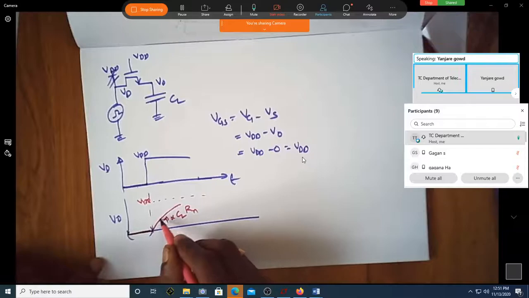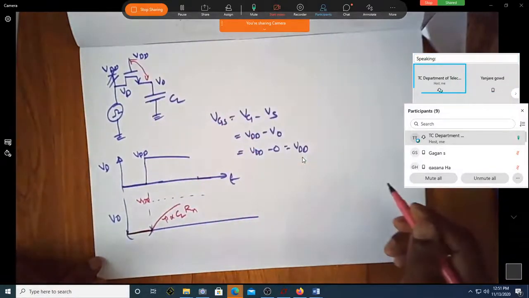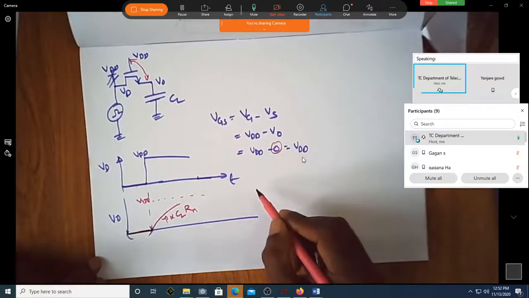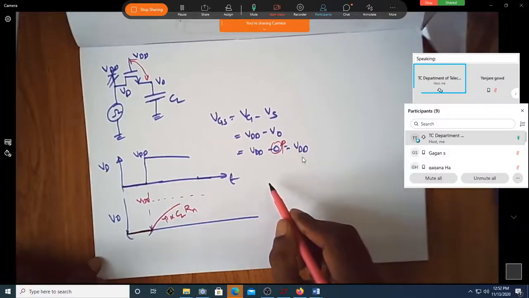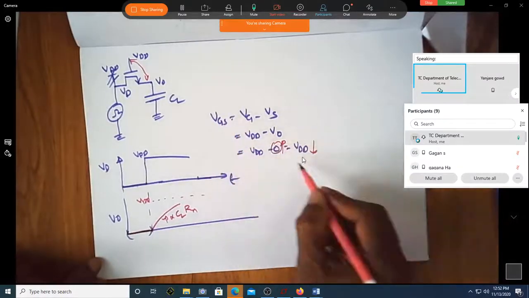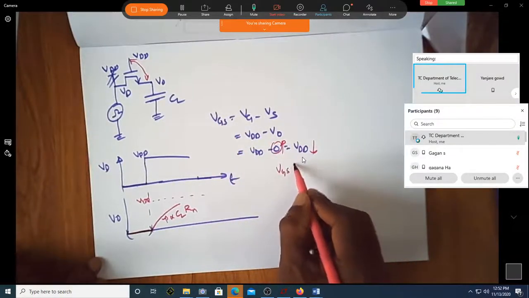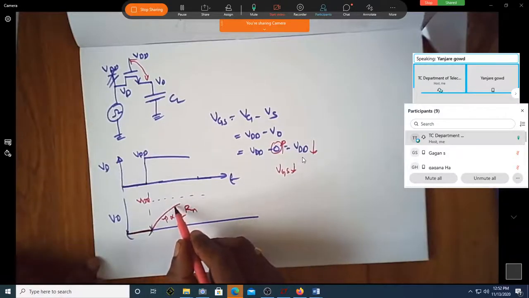If this capacitor keeps charging, does the VGS keep reducing? You can see this is no more 0. Does this voltage start increasing? If this is increasing, does this VGS start reducing? So now, assume that it keeps on increasing.